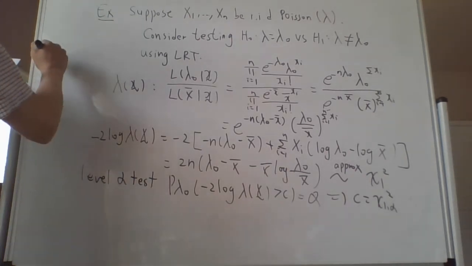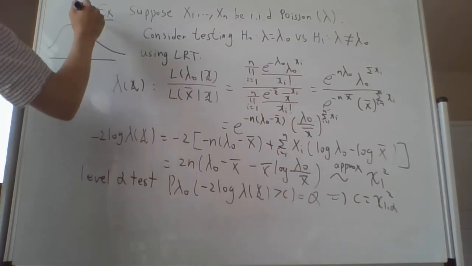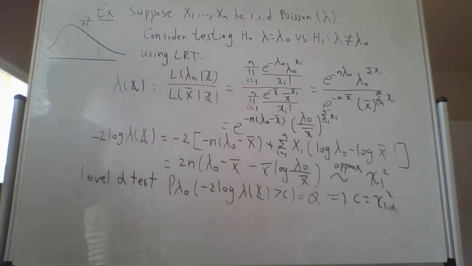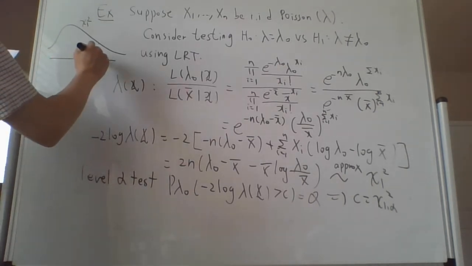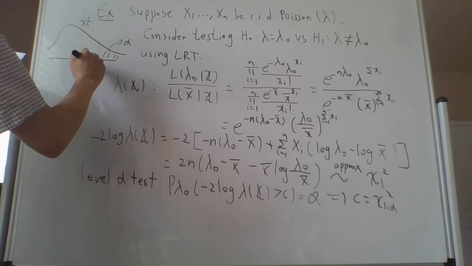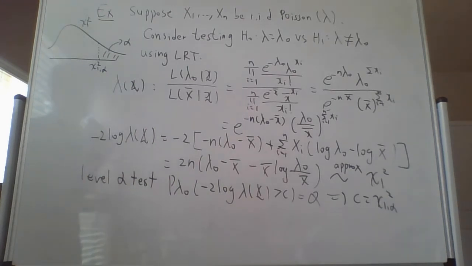If we have a chi-square distribution, then the 100 times 1 minus alpha percentile is the value such that the area under the curve after that value is alpha.